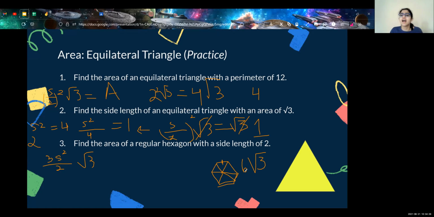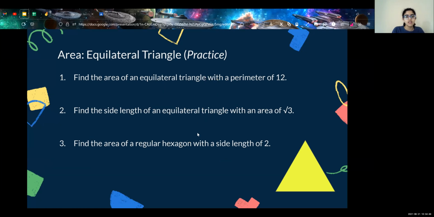So yeah, the hexagon formula is basically just what I did. It's just 6 times this. And okay, so 2 people said they either needed more time or they understand now, so that's good. And yeah, I shall clear all my drawings.